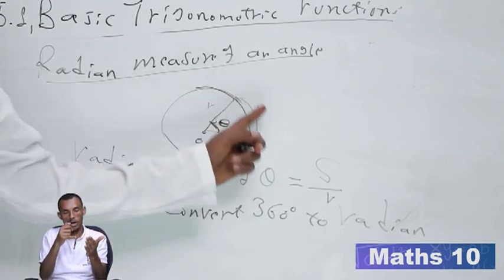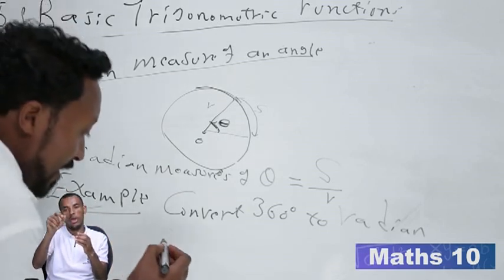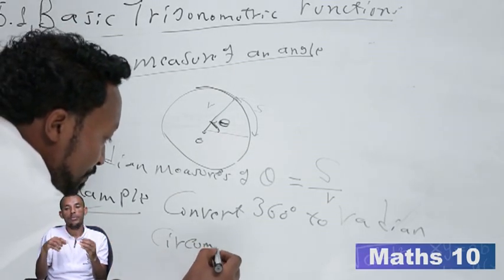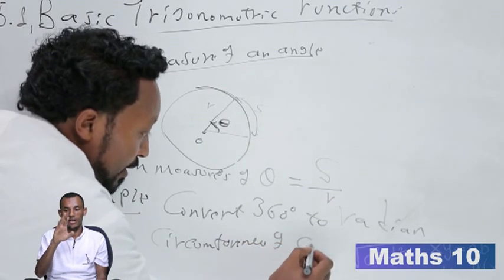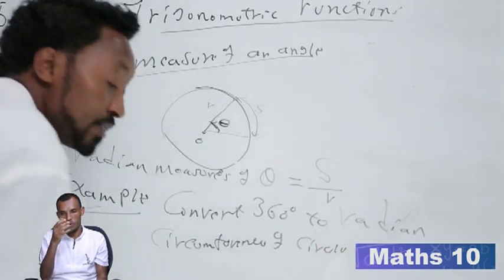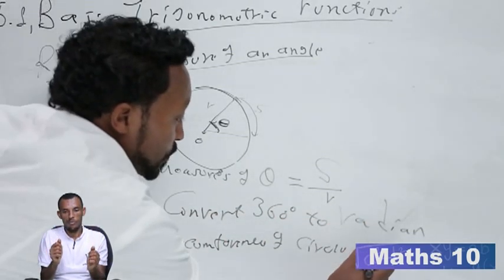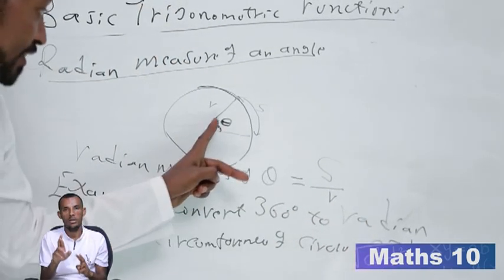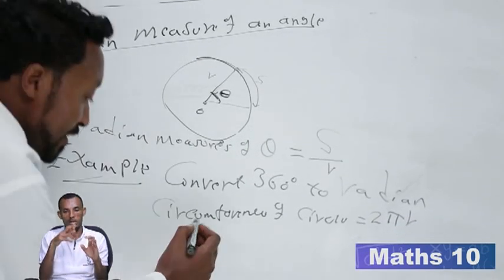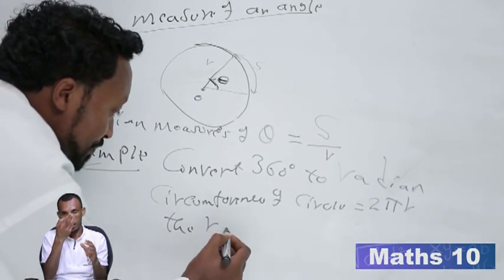Therefore, the circumference of a circle equals 2 pi r. There is radius r here. That means the radius is r.